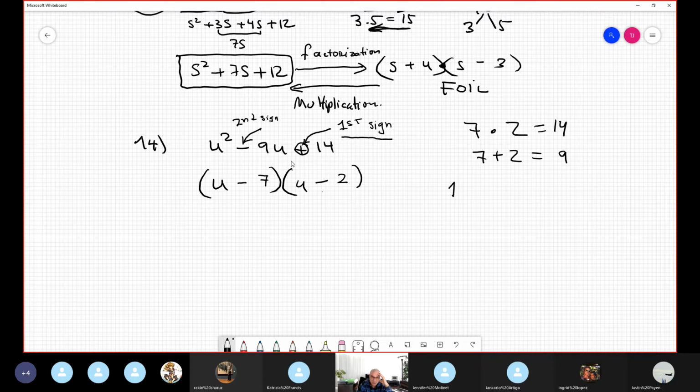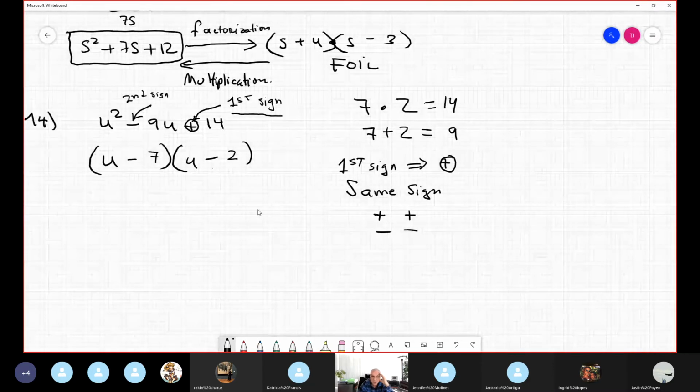When the first sign is positive, that indicates we have the same sign. Same sign means plus plus or minus minus. Remember, we have four combinations.